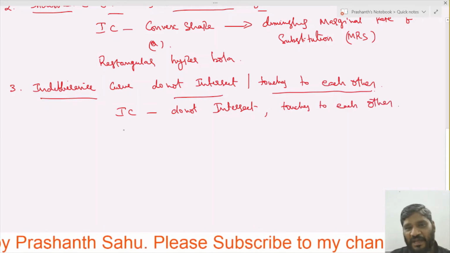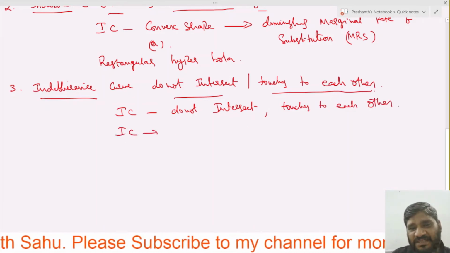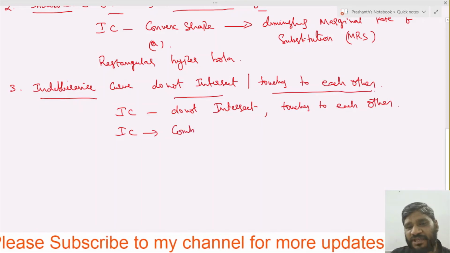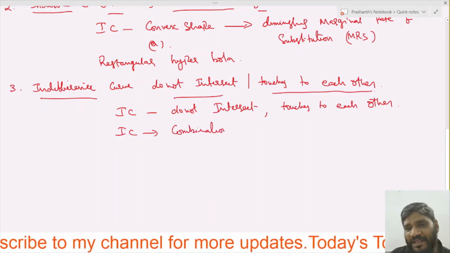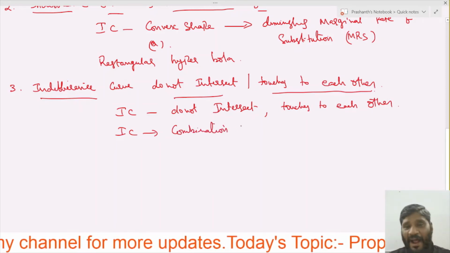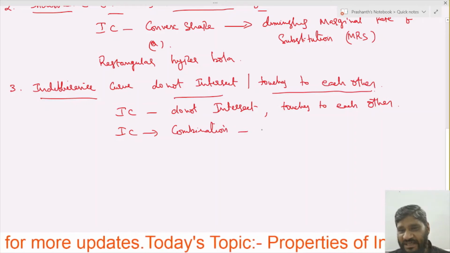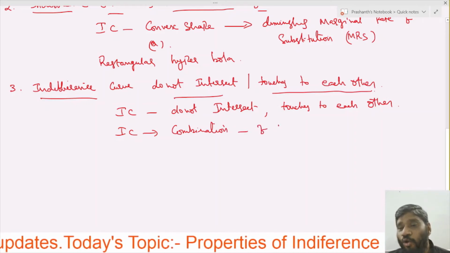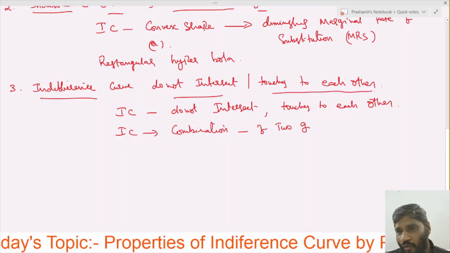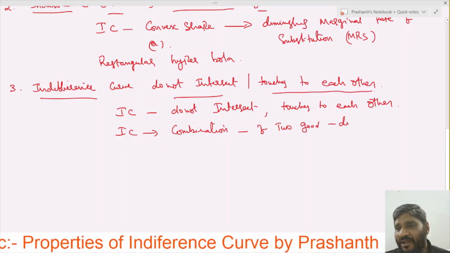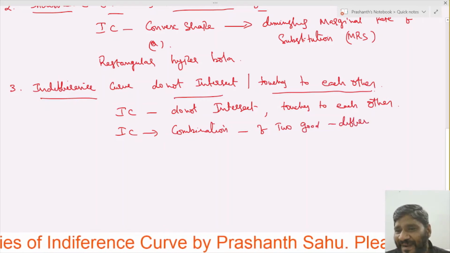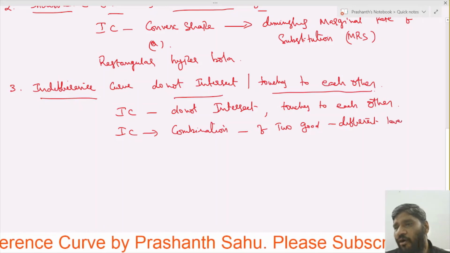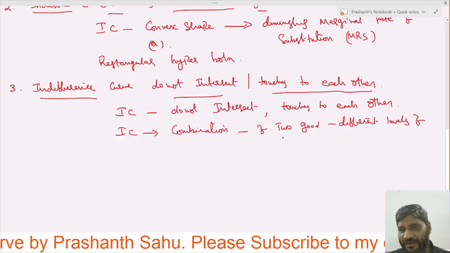Why? Because in an indifference curve we see various combinations. And these various combinations of two goods have different levels of satisfaction.